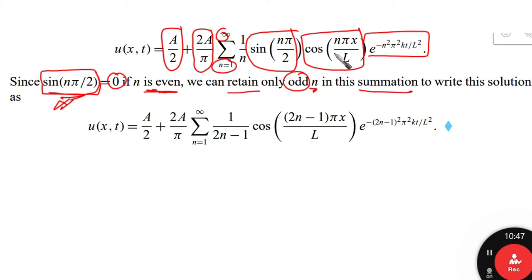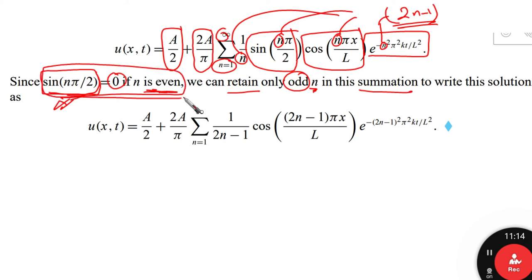So we replace n by 2n minus 1 here, 2n minus 1 here, and 2n minus 1 here, retaining only the odd values in the summation and removing the even terms. So this is our solution.